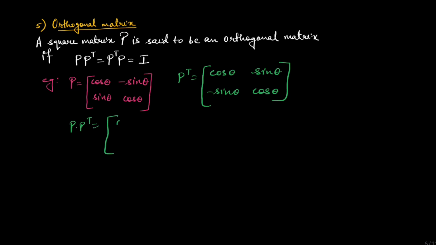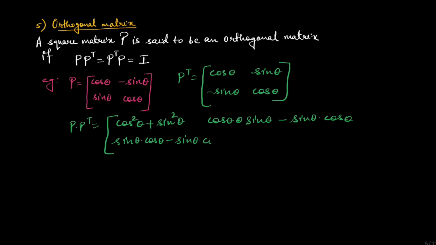Cos theta into cos theta will be cos square theta, minus sin theta into minus sin theta becomes plus sin square theta, cos theta sin theta minus sin theta cos theta, and in the same way sin theta cos theta minus sin theta cos theta, and this will be sin square theta plus cos square theta.